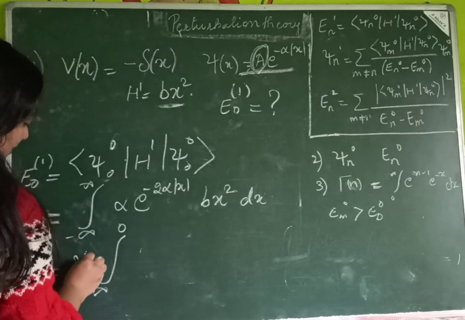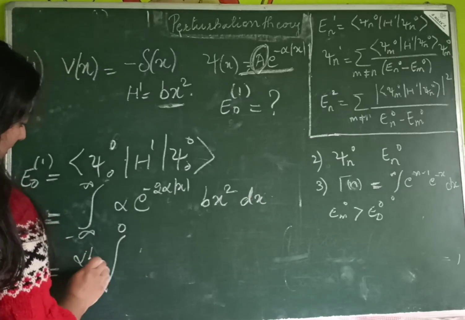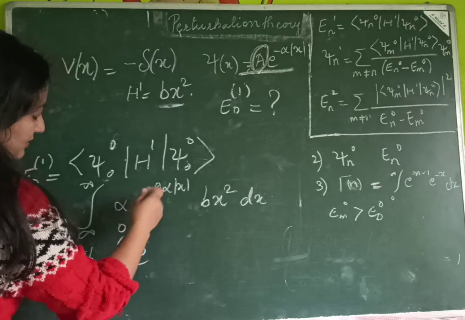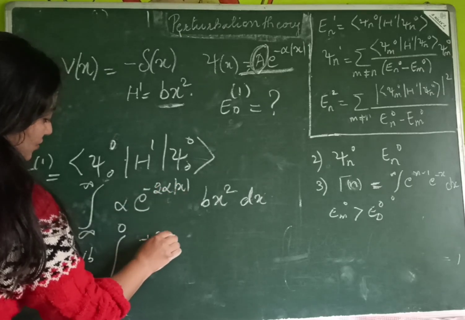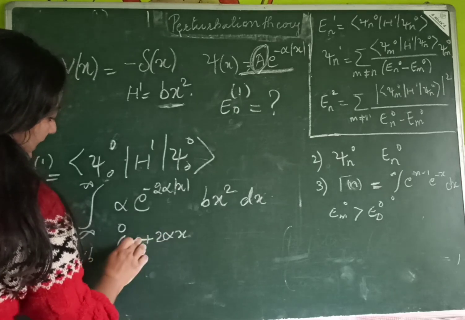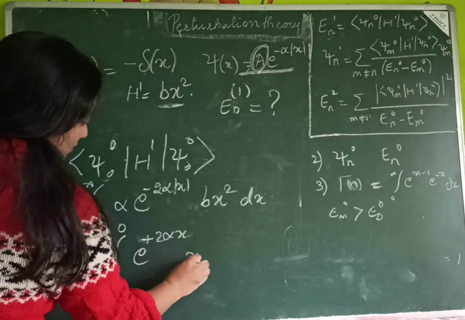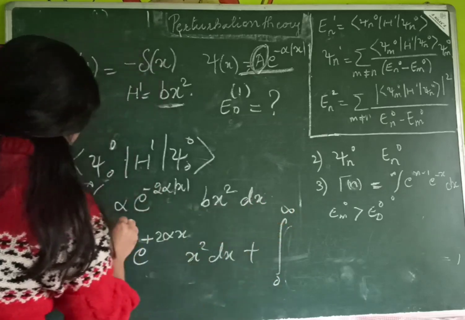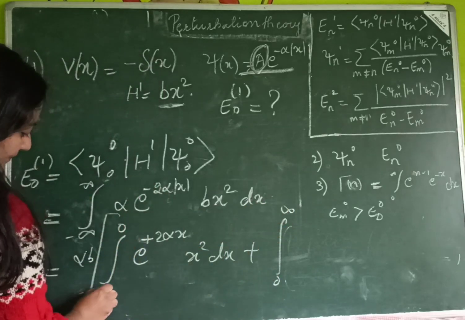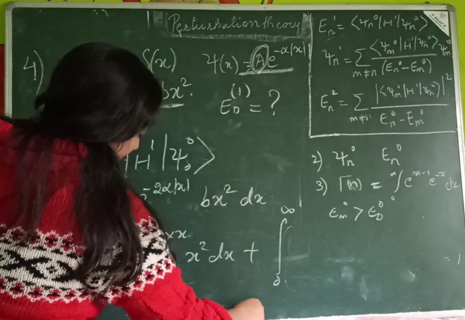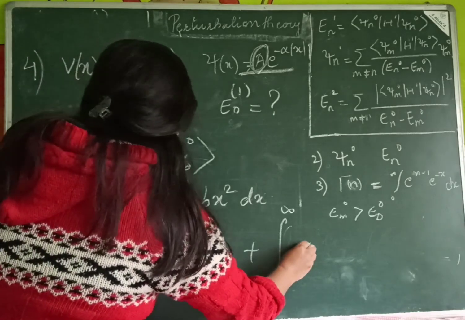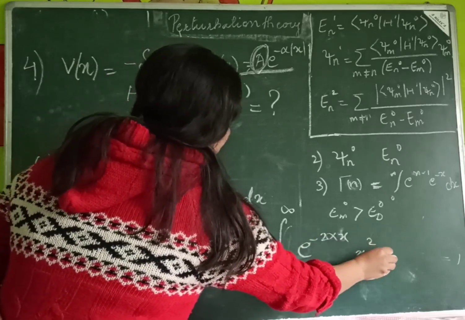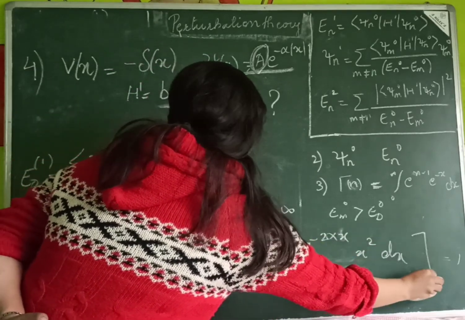So in that time it will become alpha b from minus infinity to 0, so you can write it as e to the power, so it becomes plus, right, because it's a mod, so 2 alpha x square dx, and 0 to infinity, the same thing, e to the power minus twice alpha x square dx, right?